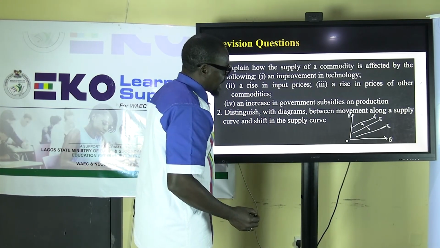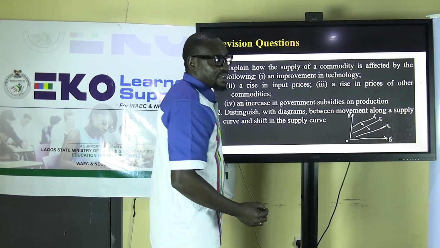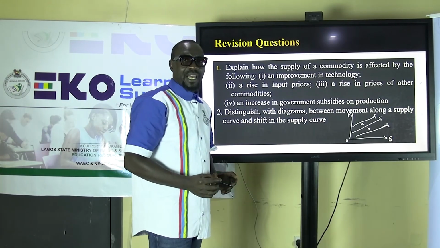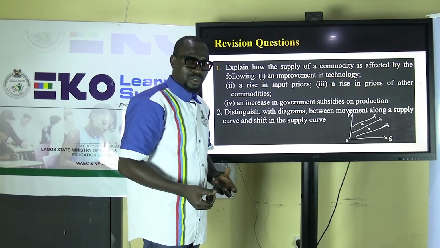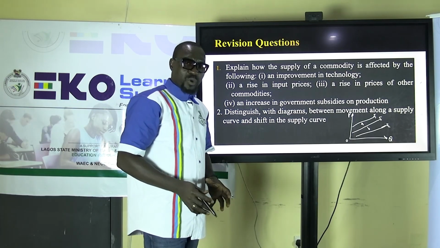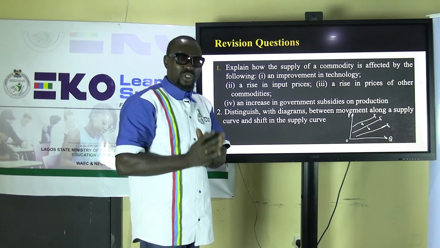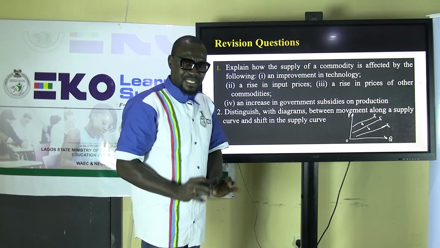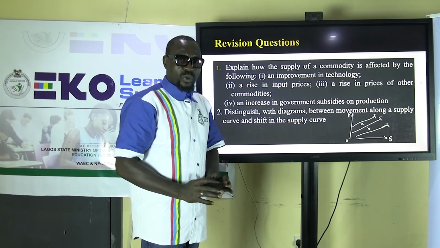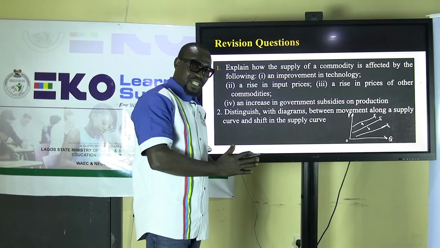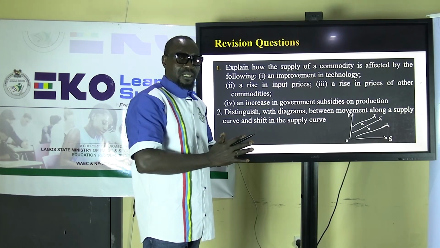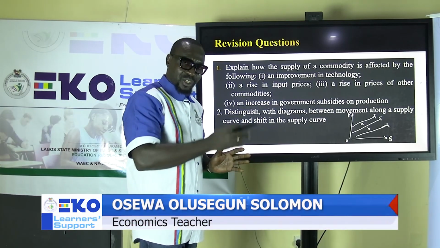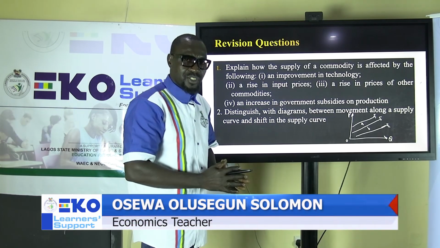And what we have said is that shifts in the supply curve happen as a result of the influence of other factors not related to price. So it is a complete distinction from the movement along the supply curve, where the movement along the curve is occasioned by changing price.